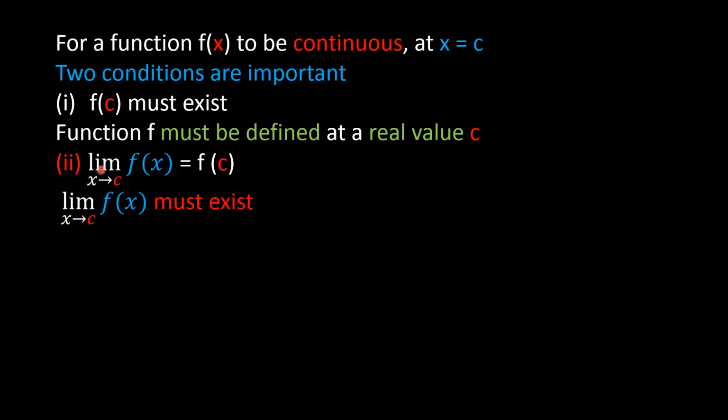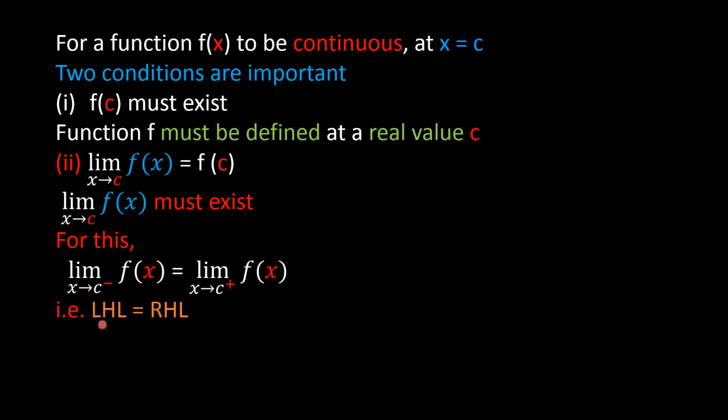Now for this limit f(x) as x approaches c, the limit must exist, and for this to happen, limit f(x) as x approaches c negative must be equal to limit f(x) as x approaches c positive.